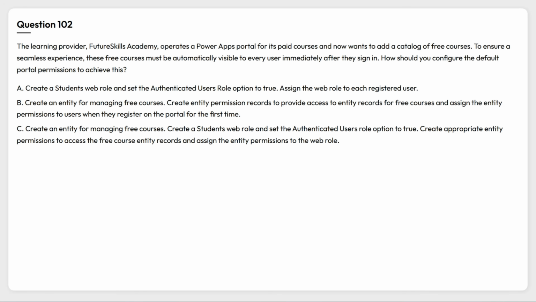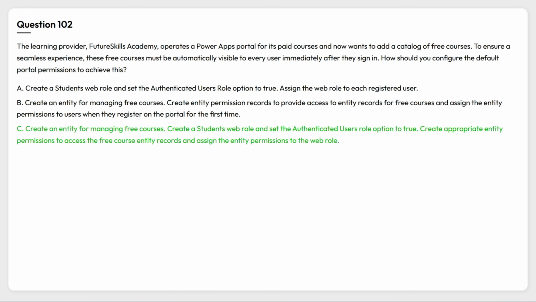Option C. Create an entity for managing free courses. Create a student web role and set the authenticated user's role option to true. Create appropriate entity permissions to access the free course entity records and assign the entity permissions to the web role.